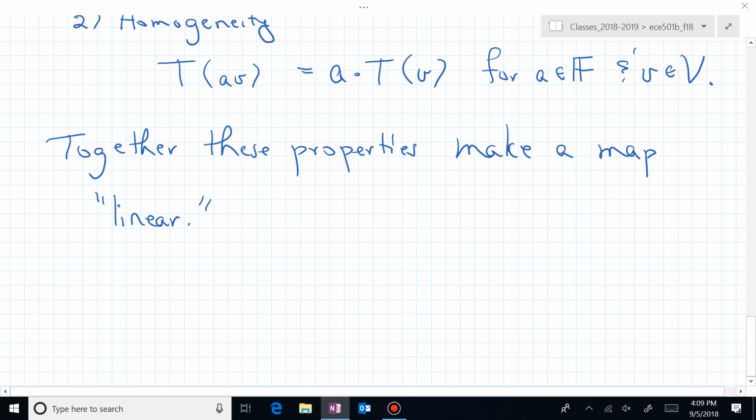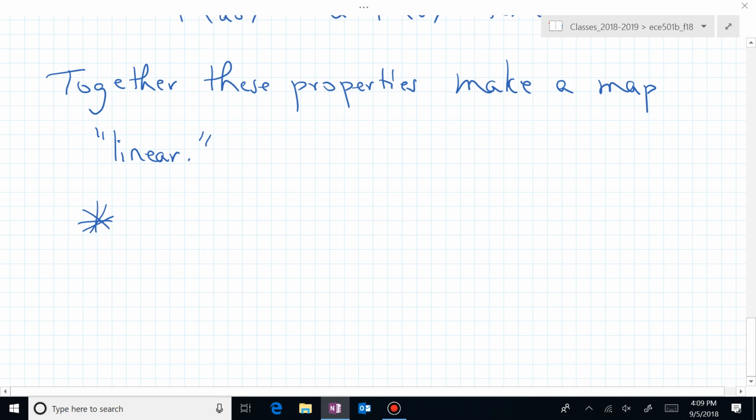And my notation won't be unique. That's what this star is trying to indicate. I'm probably going to be guilty of mixing notation.